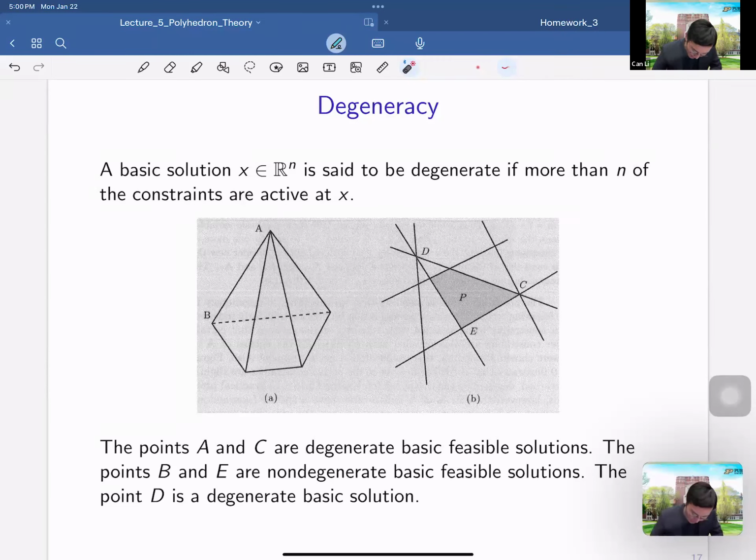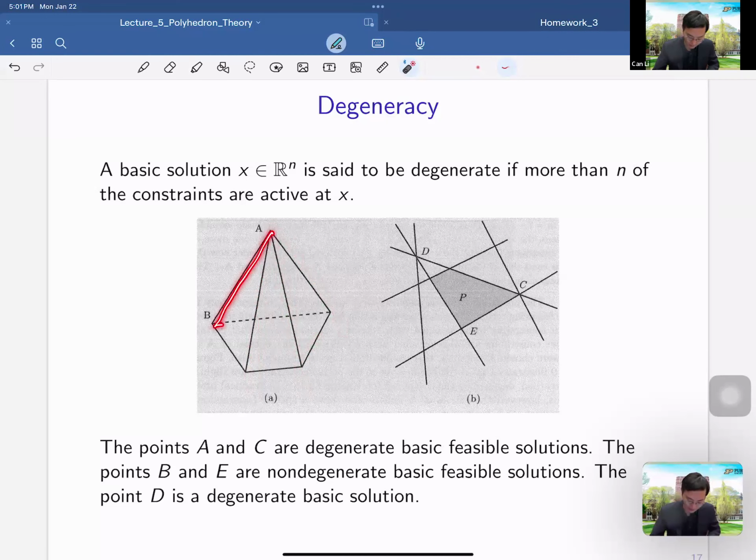For example, this point B is uniquely defined by 3 hyperplanes: this is the first hyperplane, this is the second, and this is the third.